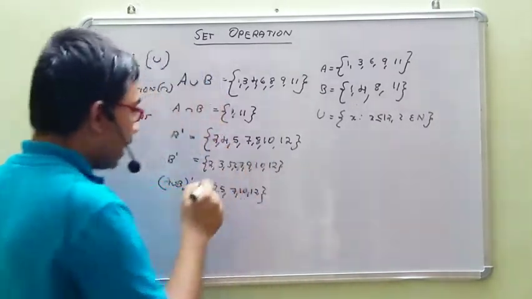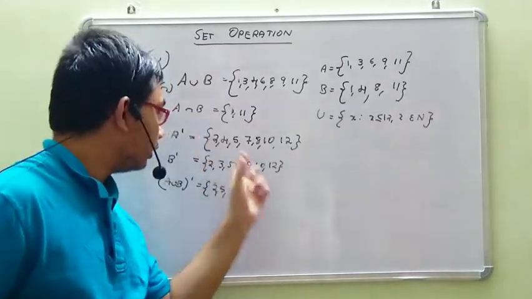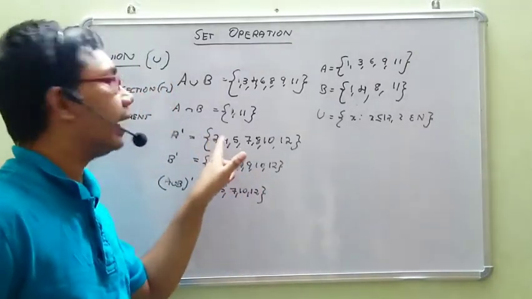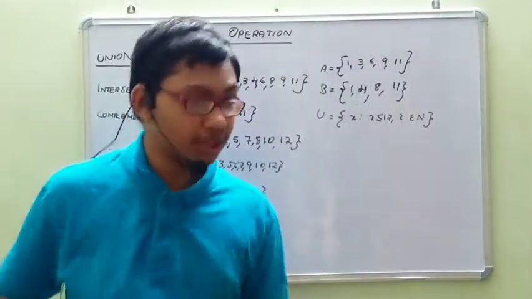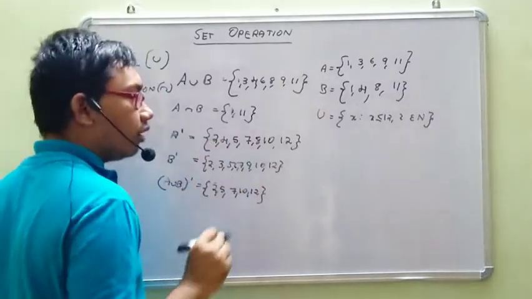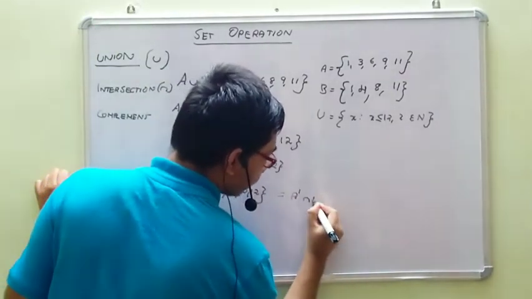When you compare this and these two, you will find that these elements are present in A complement as well as B complement. So A union B, the whole complement, is equal to A complement intersection B complement.